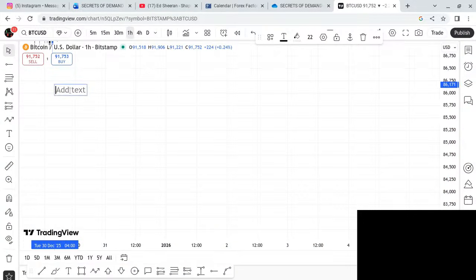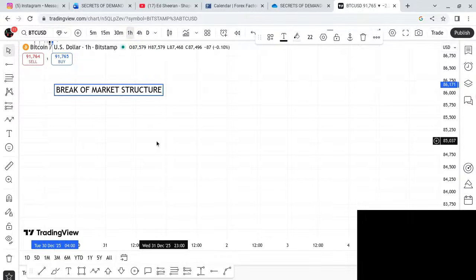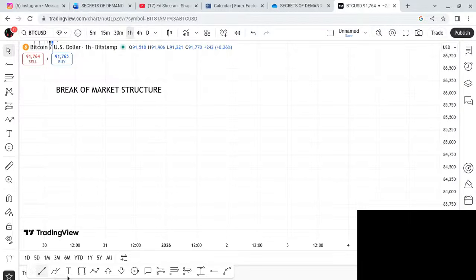We have what we call the break of market structure. This is one, and this will always appear like this.